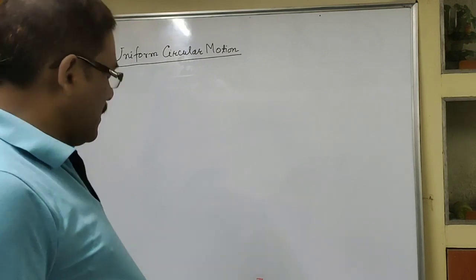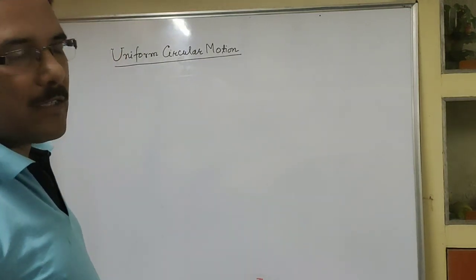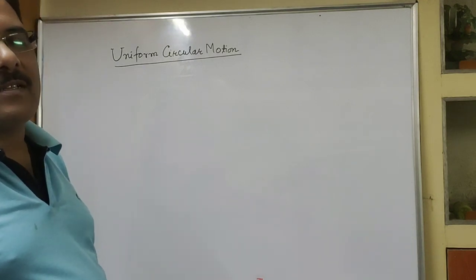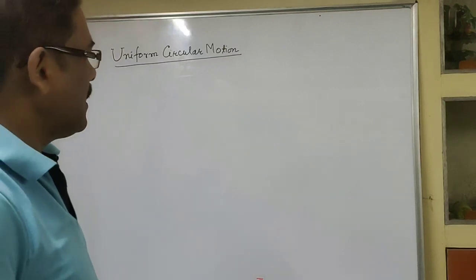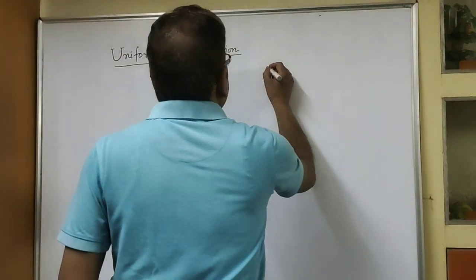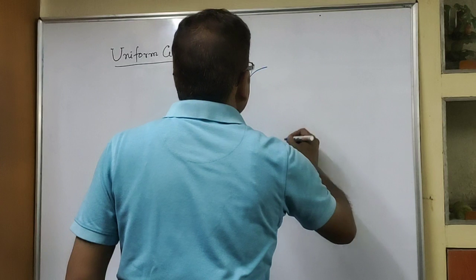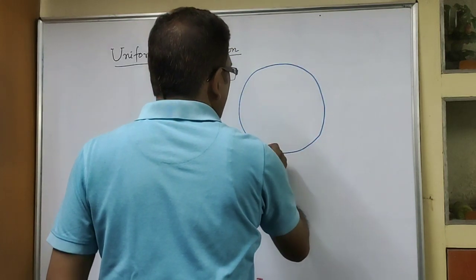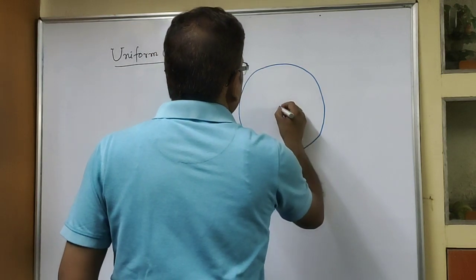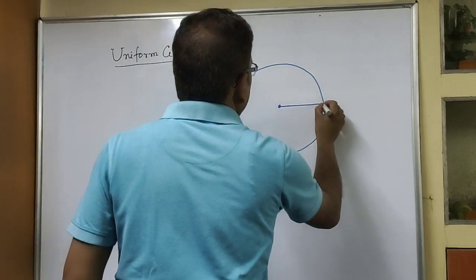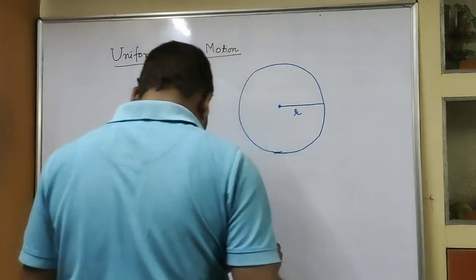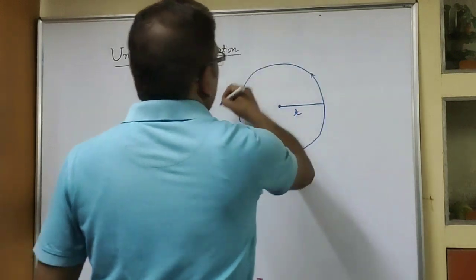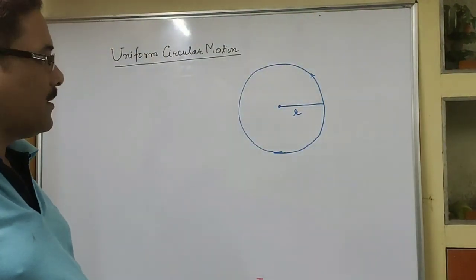Now we will write an expression for velocity, how to calculate velocity when an object is moving in a circular path of radius r. So suppose we have a circular path like this, and the radius of the circular path is r, and suppose an object is moving with a uniform speed in a circular path.